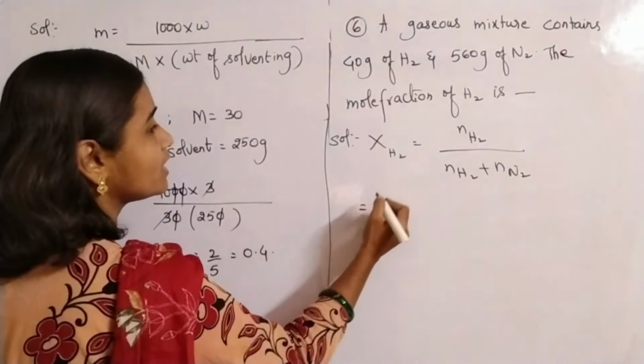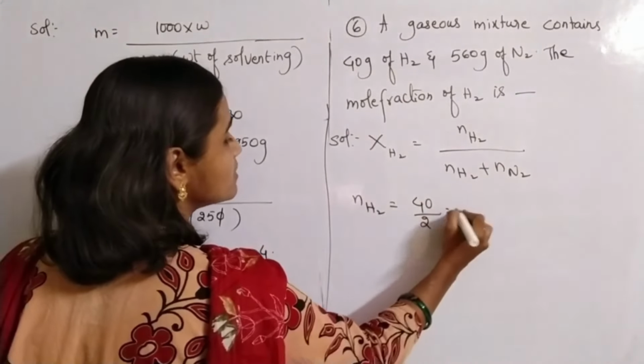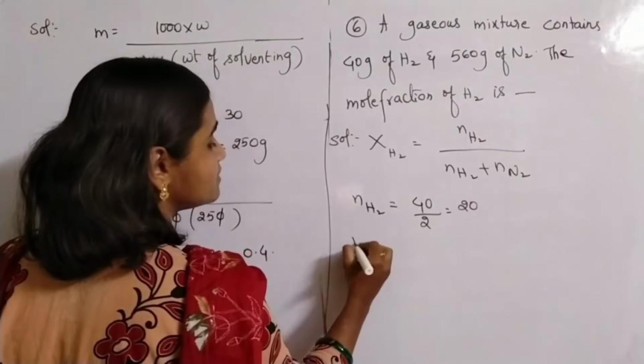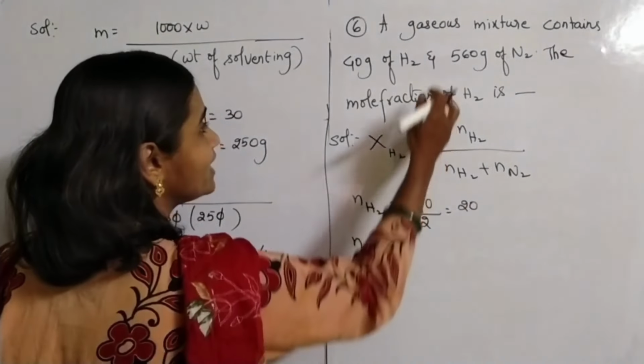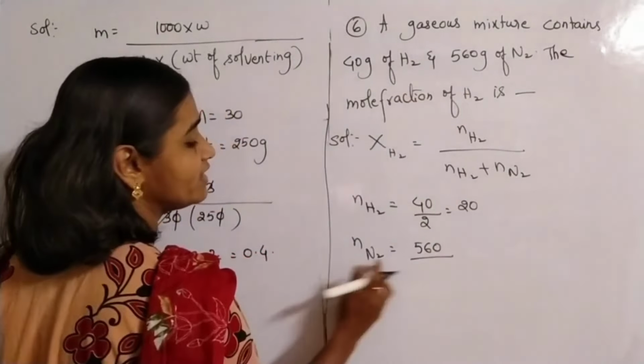So NH2, how to calculate? Given weight by gram molecular weight. Given weight is 40, gram molecular weight of hydrogen is 2, so 20. Similarly NN2: given weight is 560, gram molecular weight of N2 is 14 into 2, 28. 28 into 2 is 56, so it is also 20.